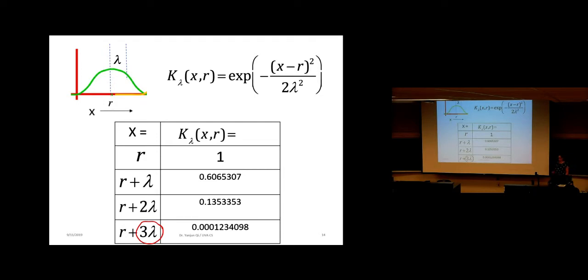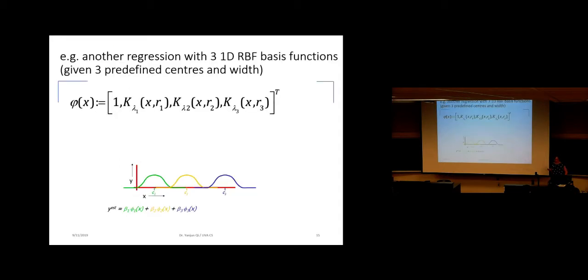Okay, keep that in mind. Any questions about this? It's actually very important to remember: it's almost 0 from this function if you are far away, more than 3 lambda to the left or right.